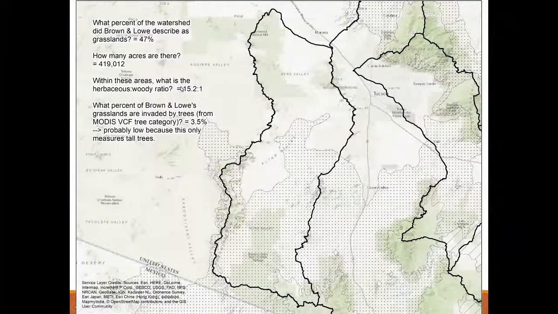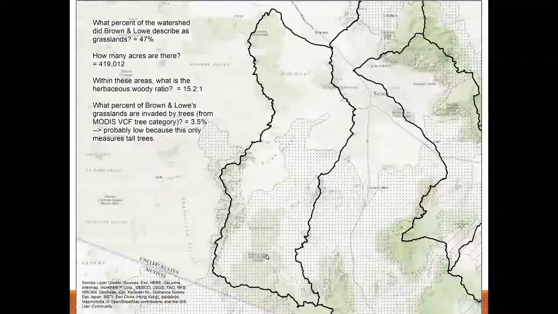And then, another way of looking at that woody invasion part is that we used some MODIS VCF data, or remote sensing data, that splits all the landscape up into bare ground, herbaceous vegetation, or, well, they call it no tree or tree, which is actually very tall tree, so this number might be an underestimate.